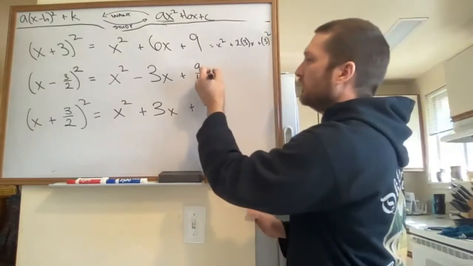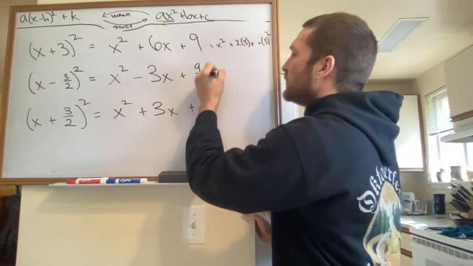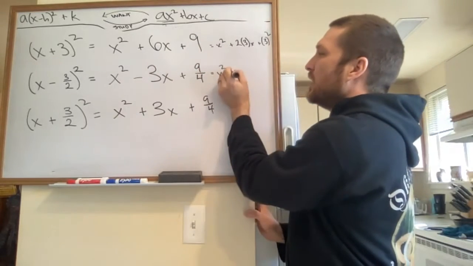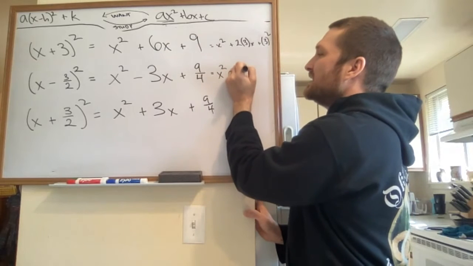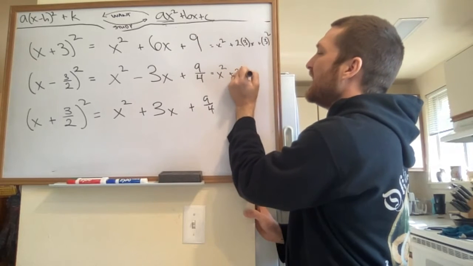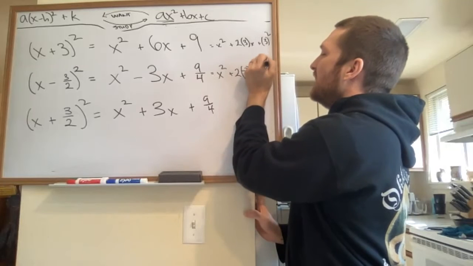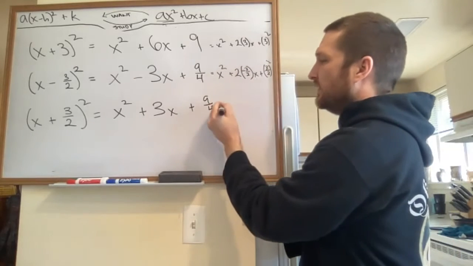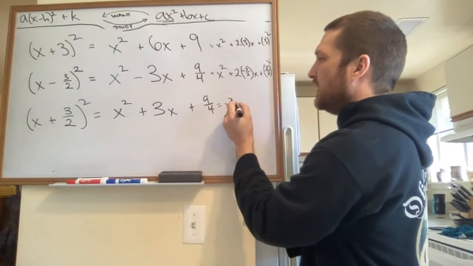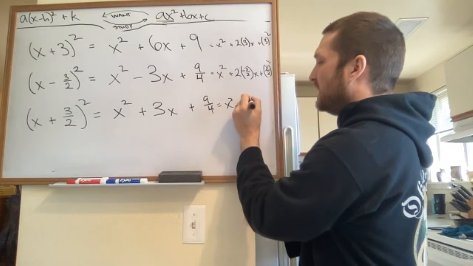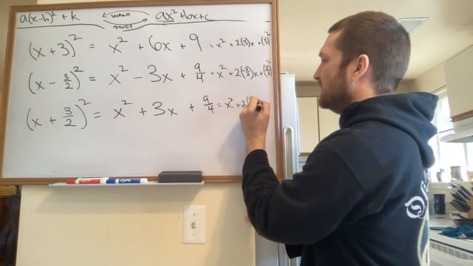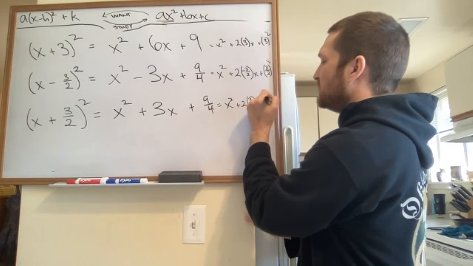Notice that. Like this right here is plus 2 times negative 3/2 x plus 3/2 squared. This is x squared plus 2 times 3/2 x plus 3/2 squared.